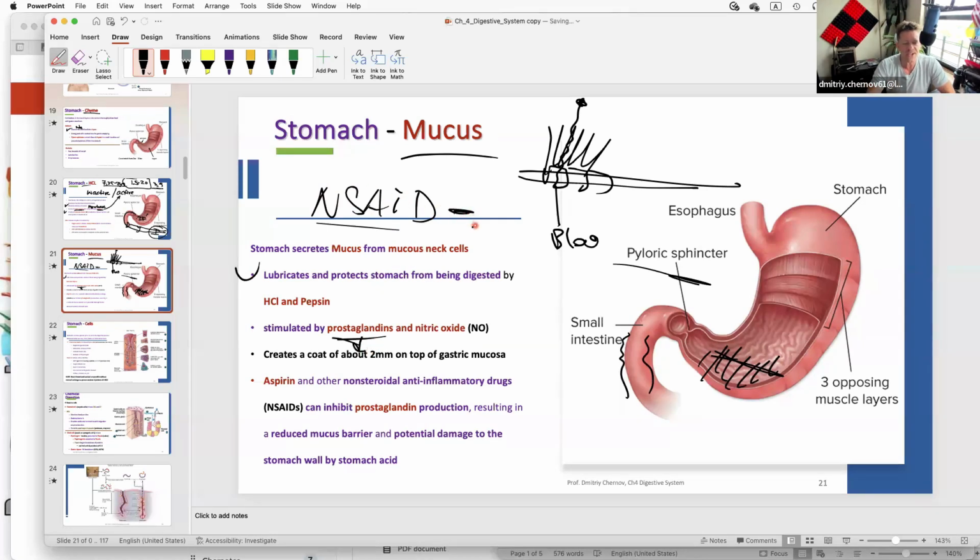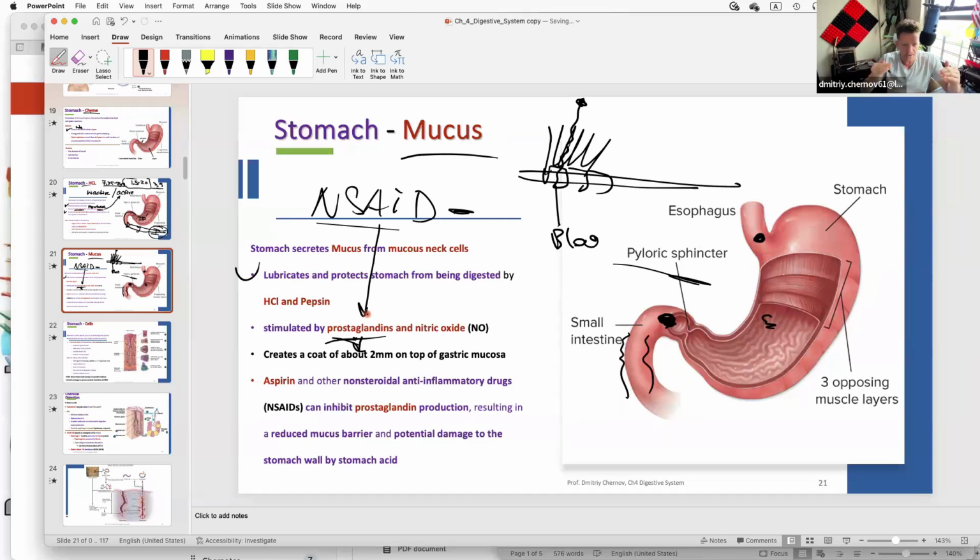So why do NSAIDs lead to ulcers in the stomach, duodenal ulcers, or esophageal ulcers? Because NSAIDs, anti-inflammatory drugs, act on prostaglandins, and prostaglandins are needed to release mucus.